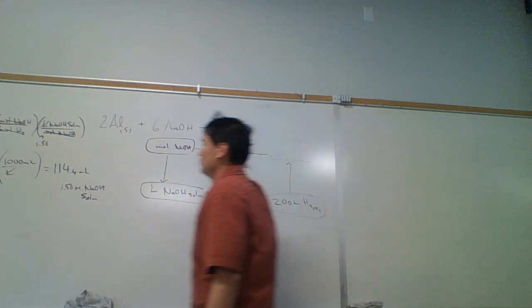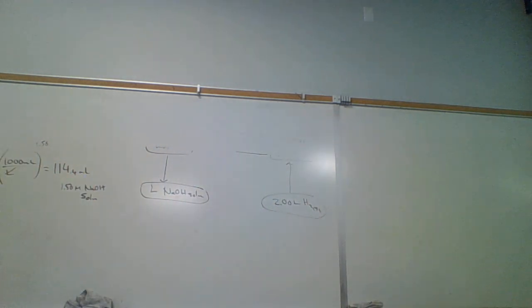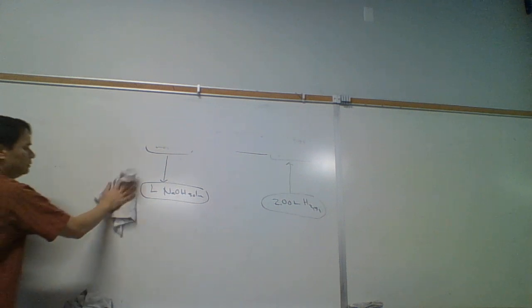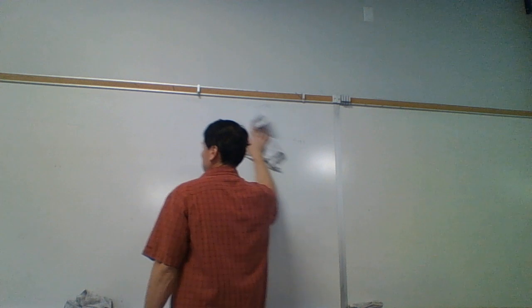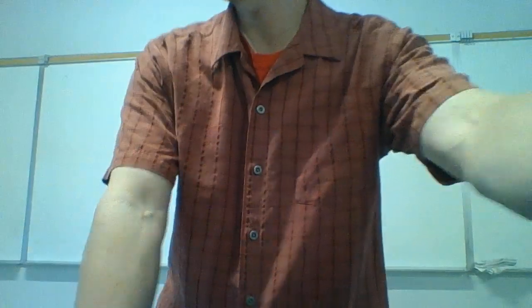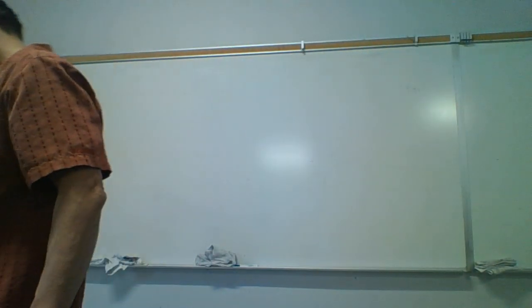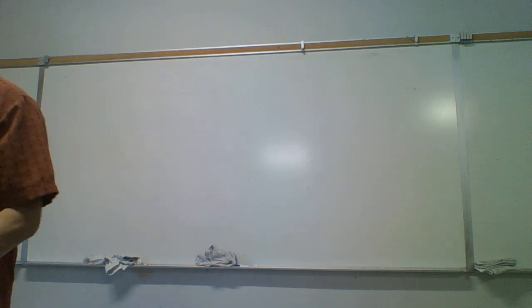Now we're going to continue with redox reactions. The situation is we really don't need to use the single replacement method. We could really get rid of the single replacement method for redox.